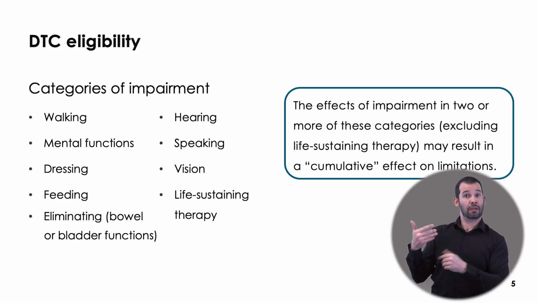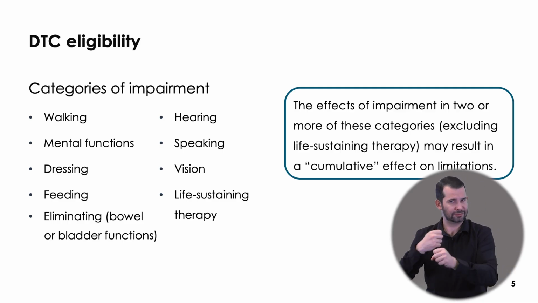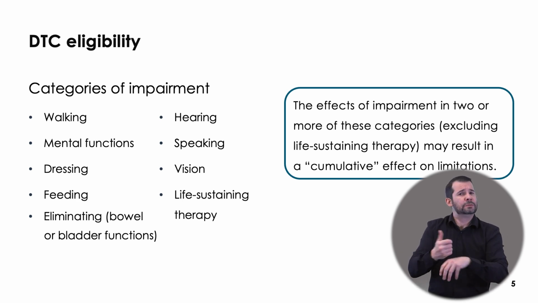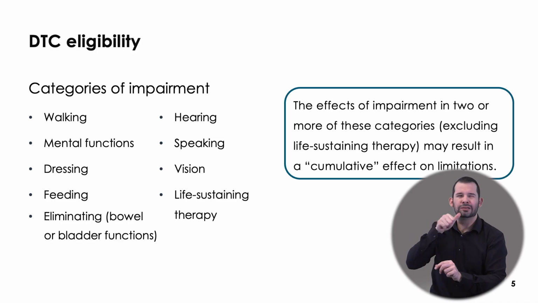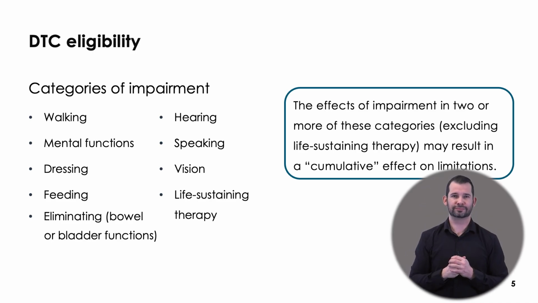People with type 1 diabetes meet the eligibility criteria under life-sustaining therapy for 2021 and later years. When we talk about eligibility, it is based on the effects of the impairment, not solely on the medical condition or diagnosis itself.